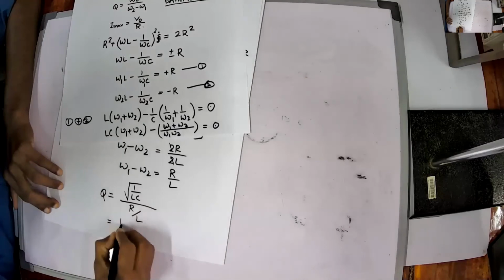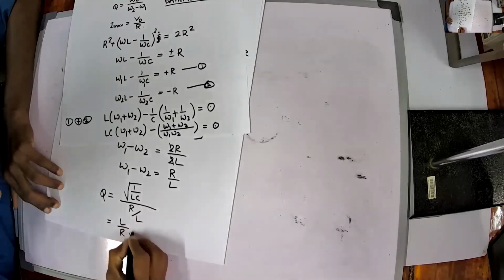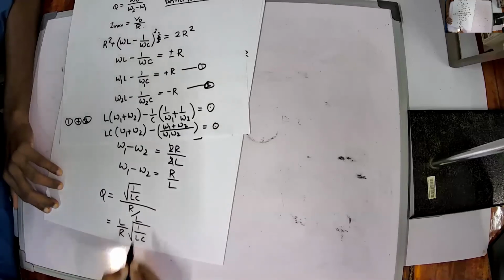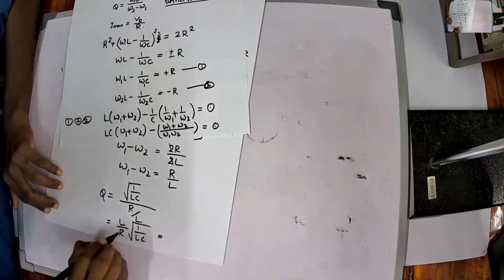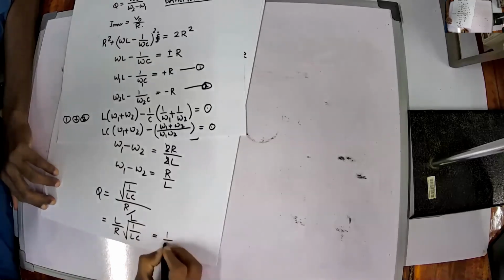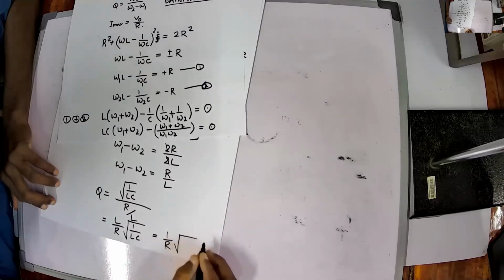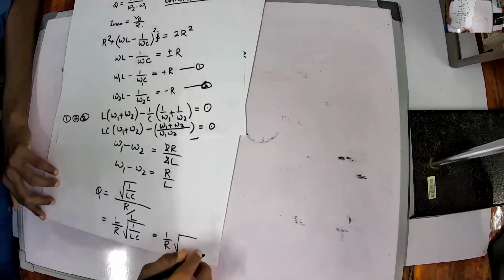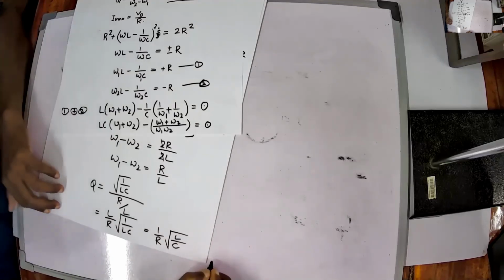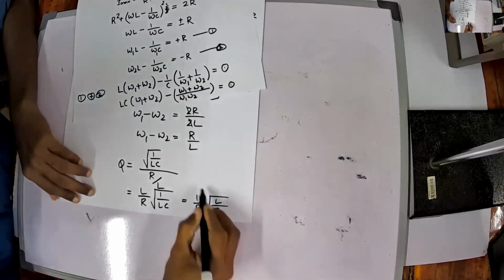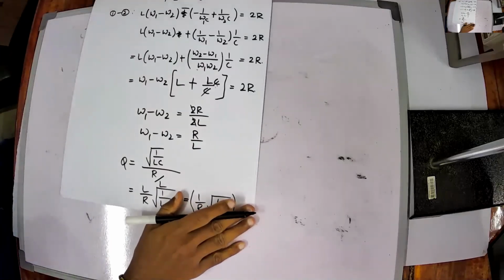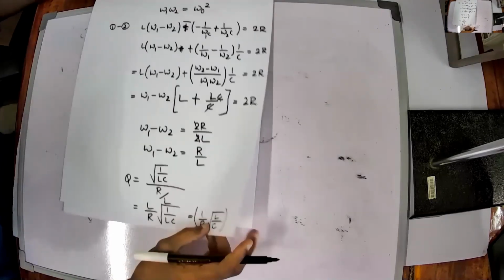I can write it as L over R into square root of 1 over LC. If this L goes inside, it becomes L squared, so L gets cancelled, and I can write it as 1 over R into square root of L by C. So this will be your quality factor.